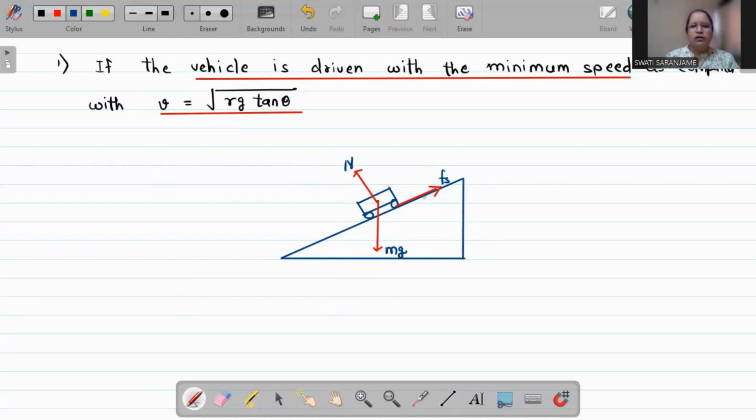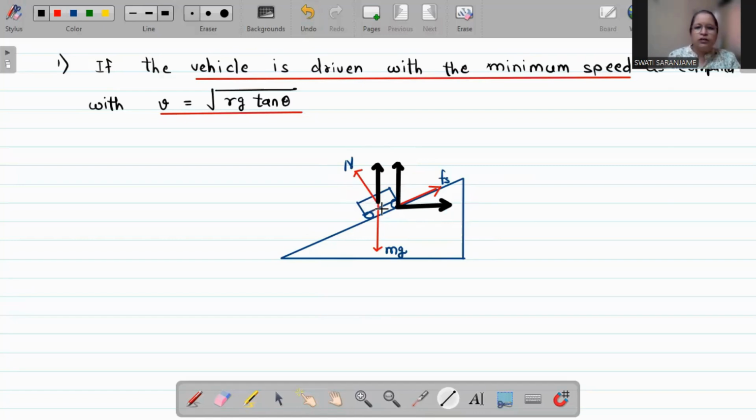Let us resolve the force of friction into two components, one upward along the incline and one in the normal, vertically upward direction, which is in the same direction as the n cos theta component of the normal reaction.